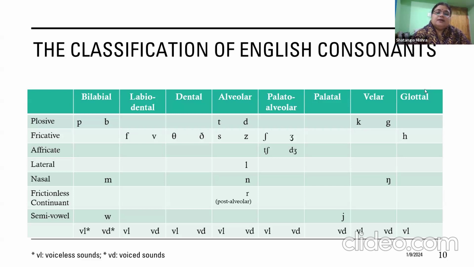So now, if you count the number of voiceless sounds and the number of voiced sounds here, you can know that there are 9 voiceless sounds and the rest, 15 sounds, are voiced. Okay. So which are the voiceless sounds?